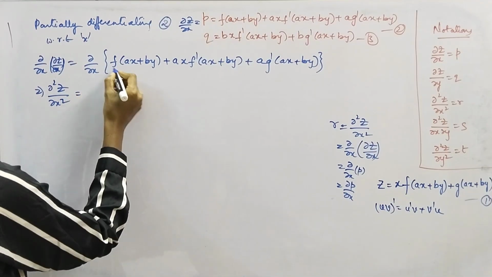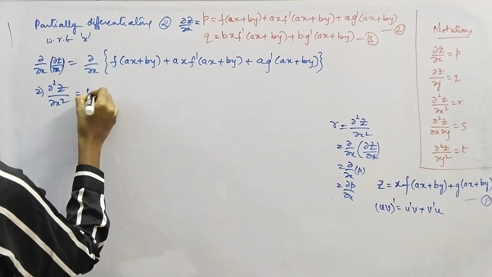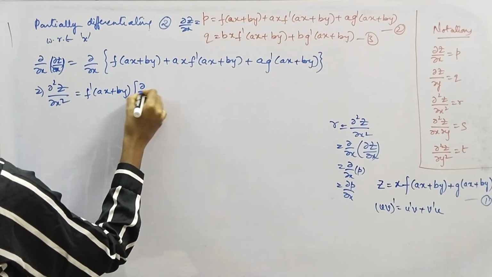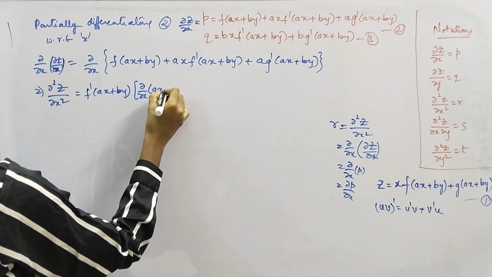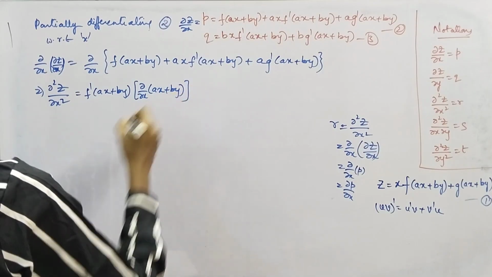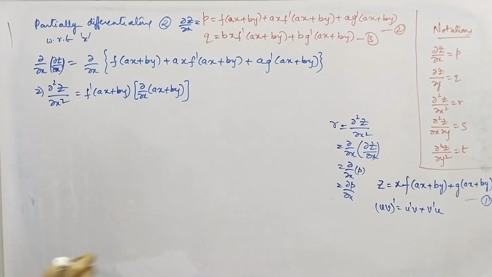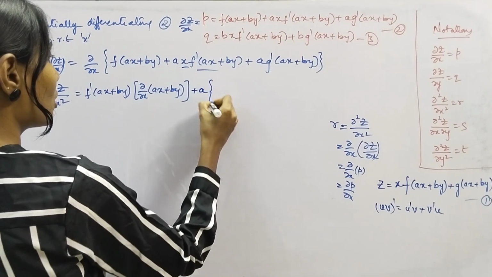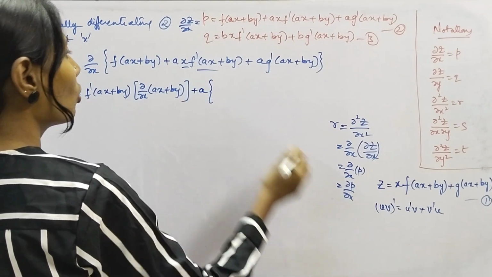Is equal to the partial derivative of f of ax plus by, which is f dash of ax plus by into its inner derivative dou by dou x of ax plus by. Here we are partially differentiating with respect to x, so we'll treat y as constant. Plus a into, now we have two functions, right? Let's use the uv whole prime formula.